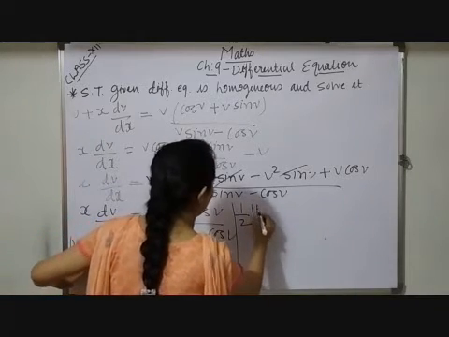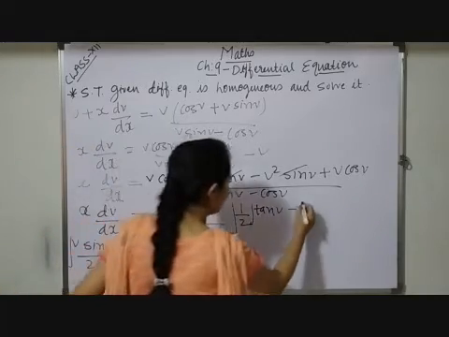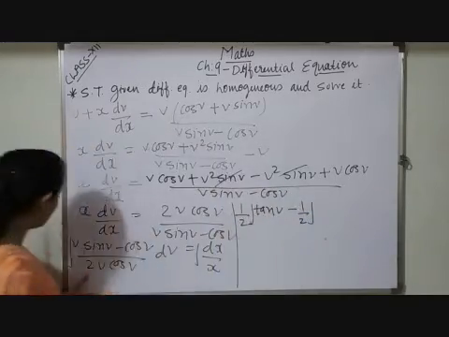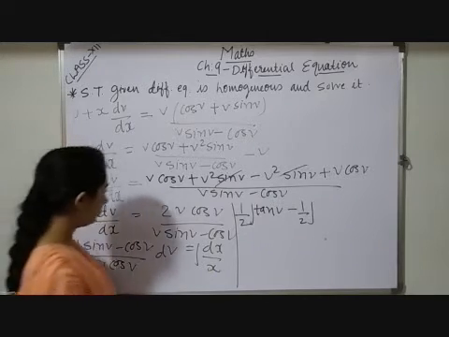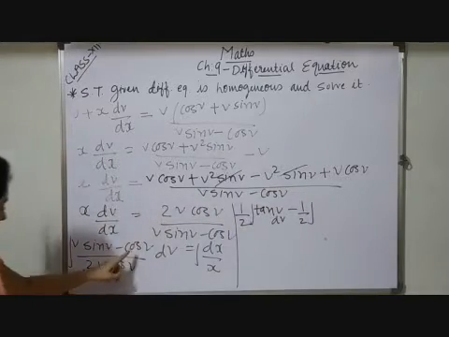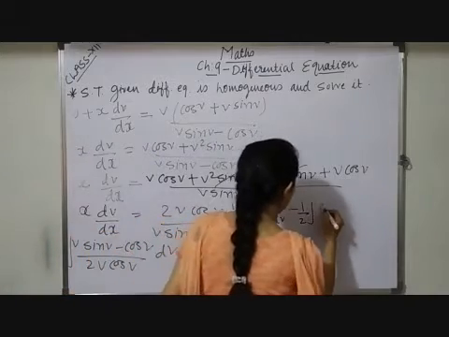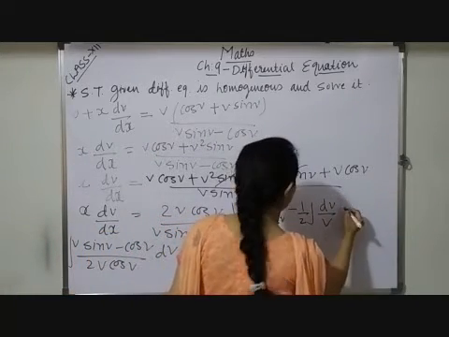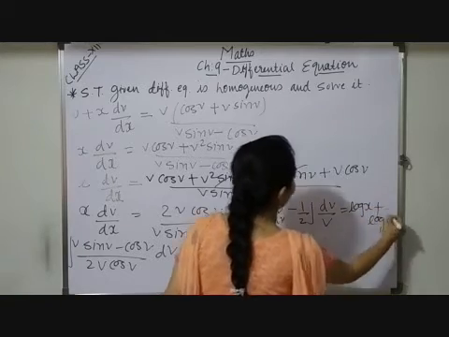So integration of tan v minus, again from here also 1 by 2 common, integration of, observe, cos will be cancelled out, you will have dv upon v, which equals log x plus log c.